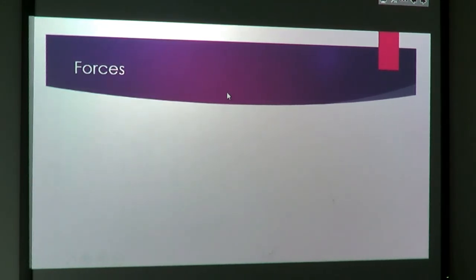Forces. Who's going to give me an example of forces? Push and pull, good. Who else? Gravity, perfect. What else? Someone. That belongs to gravitation. Friction.